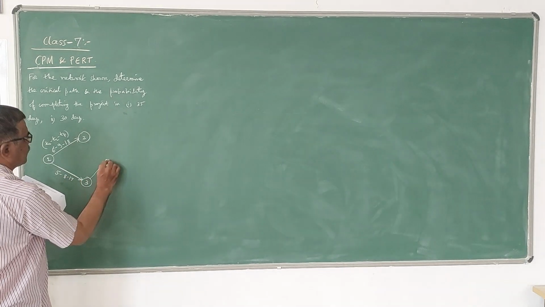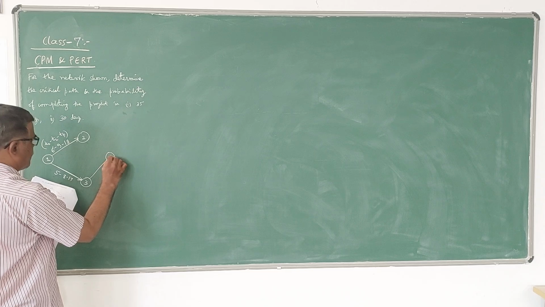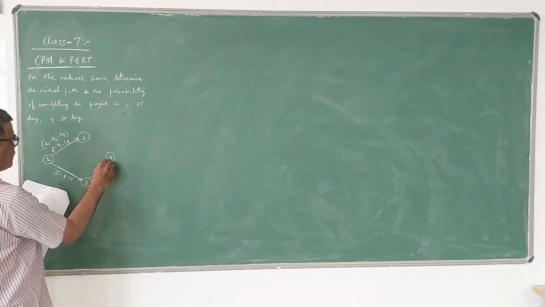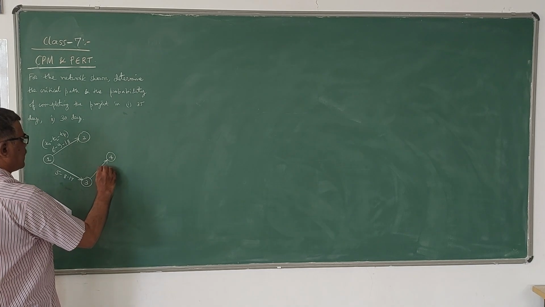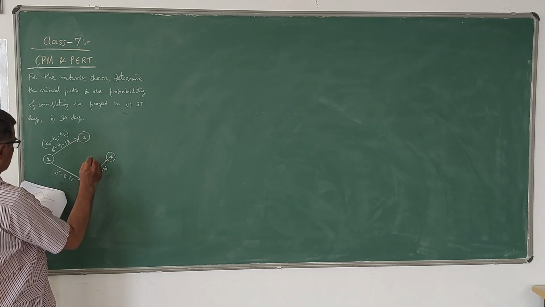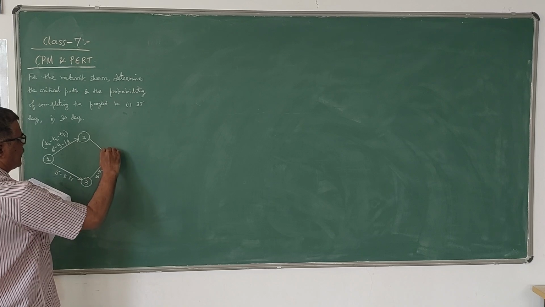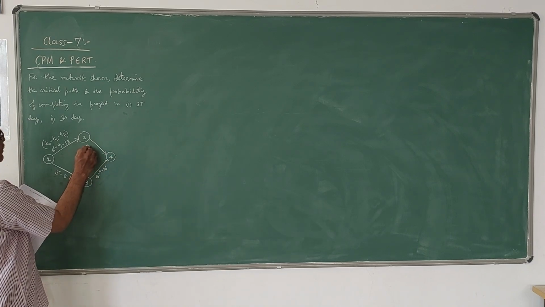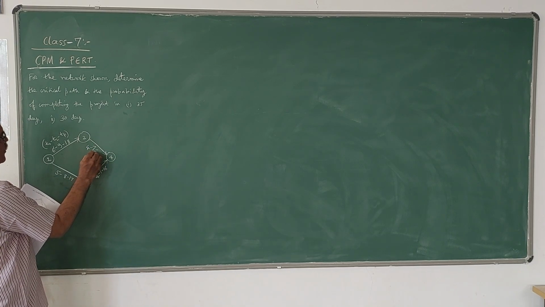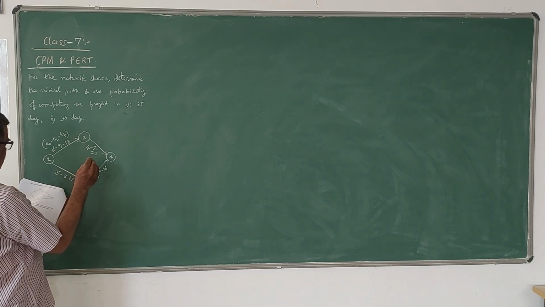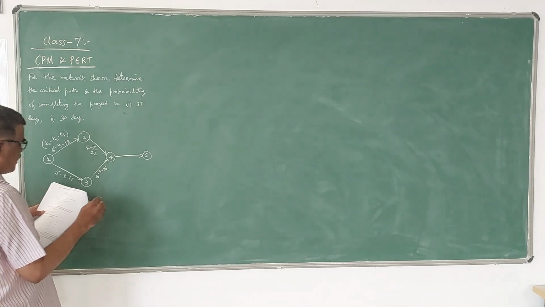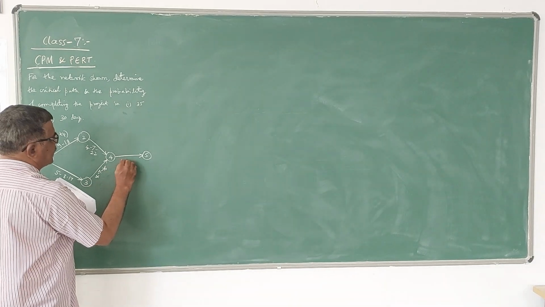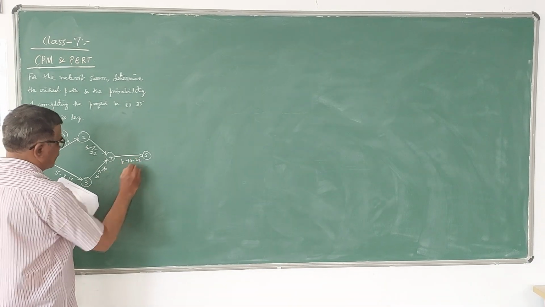Then 3, 4 time estimates being 4, 7, 16. Then 2, 4 time estimates being 4, 7, 22. 4, 5 time estimates being 4, 10, 22.